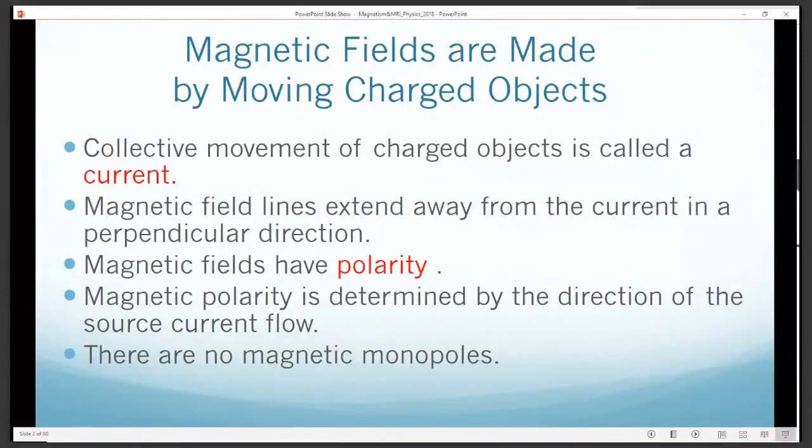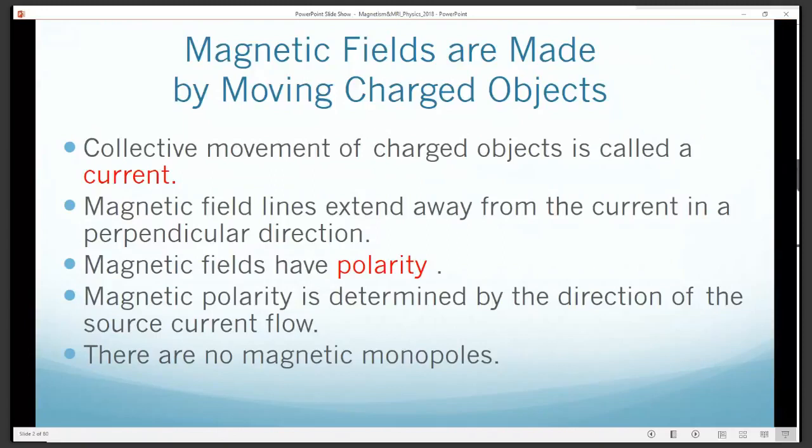So collective movement of charged objects is called a current, as you know. And when current moves, magnetic field lines extend away from the path of the current in a perpendicular direction. Unlike electricity, which is produced by charges, positive and negative, magnetic fields have a different property called polarity.